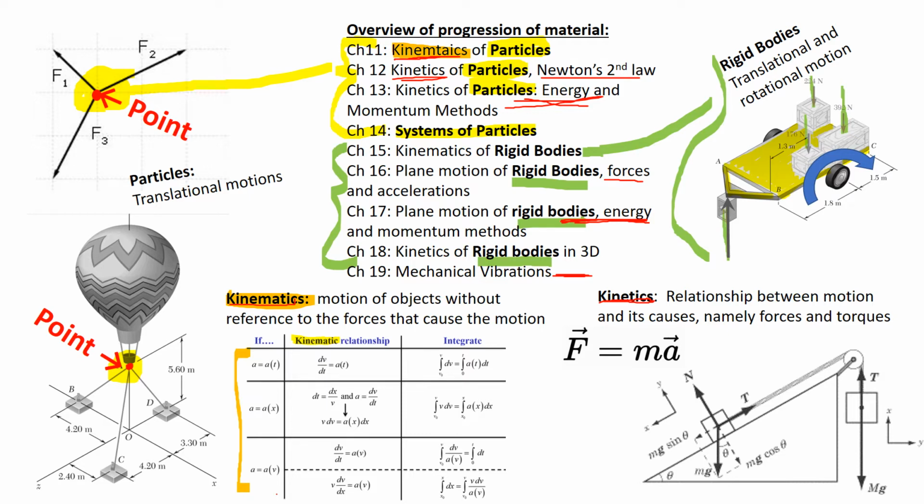We're going to be just using some calculus to go through the relationships between position, velocity, and acceleration. And this is without reference to forces. Okay, so no free body diagrams, no statics, just pure calculus to relate velocities and accelerations and positions.